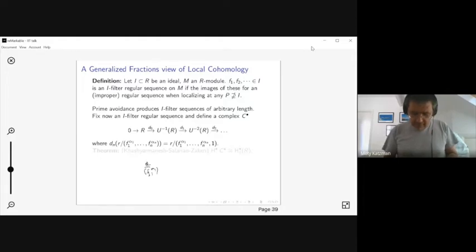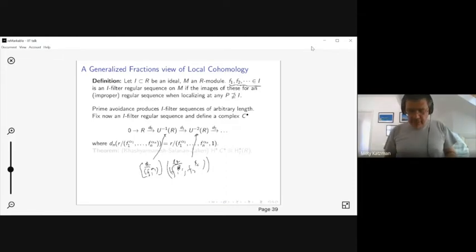And now I'm going to look at U2 of R. So I fix an infinite I-filter regular sequence beforehand. So now I can talk about a B over f1 to the beta 1, f2 to the beta 2. So I'm looking at all the generalized fractions of this form in here, all the generalized fractions of this form in here, and so on.